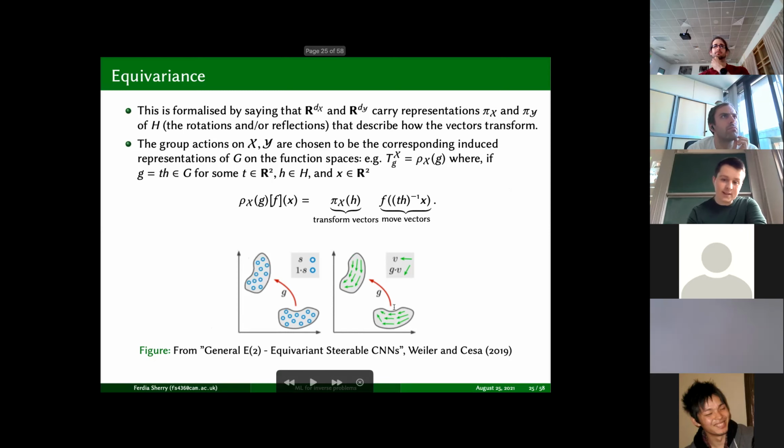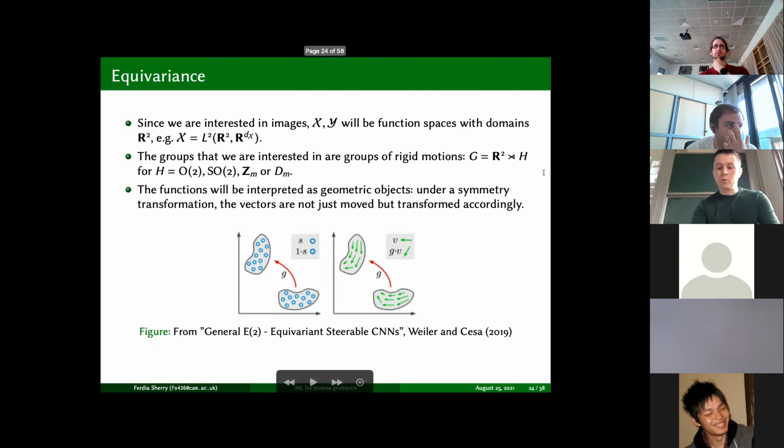The way this is formalized is, here we're going to be only looking at roto-translations and maybe reflections.